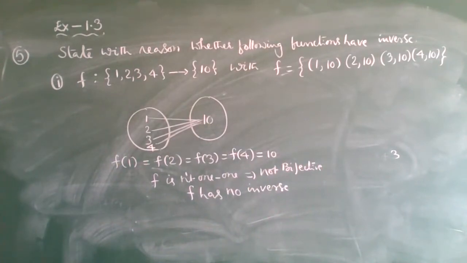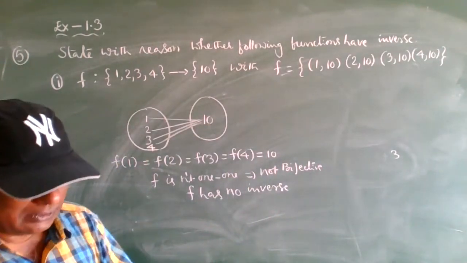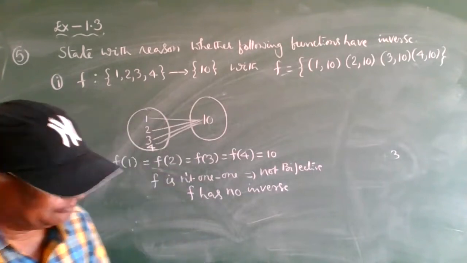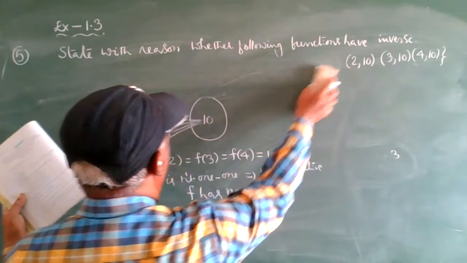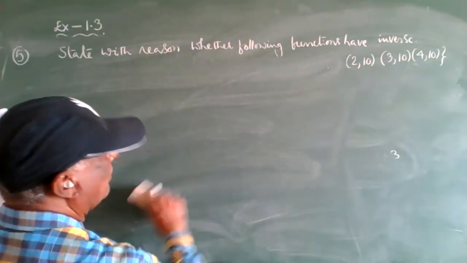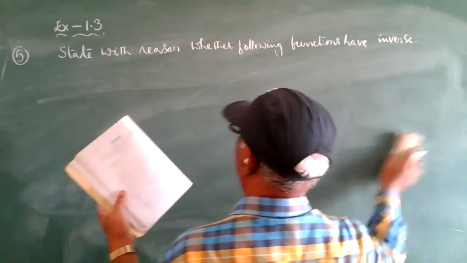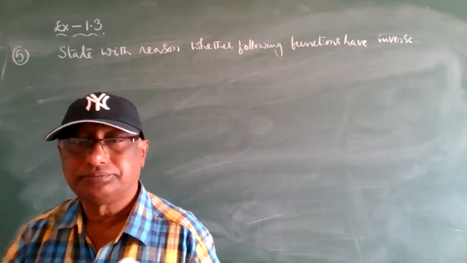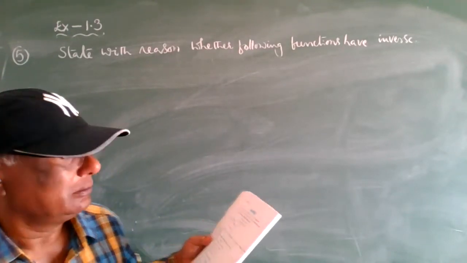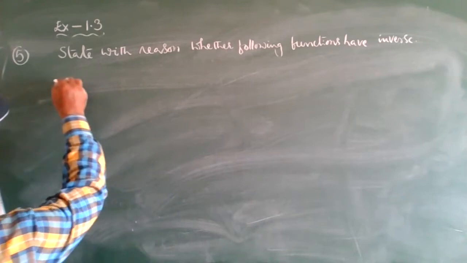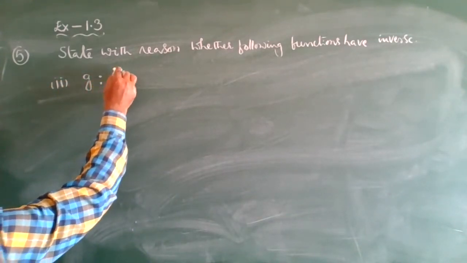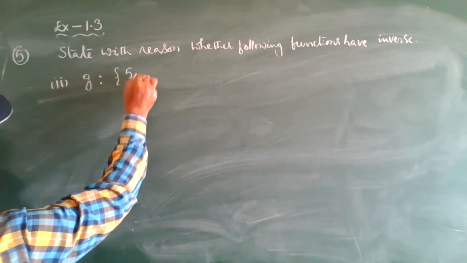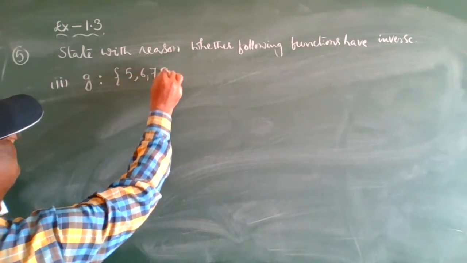Right. Go through the second bit. What is the second bit? g is a function. Its domain is {5, 6, 7, 8}.